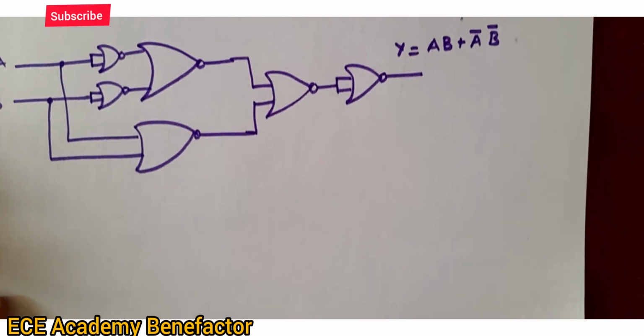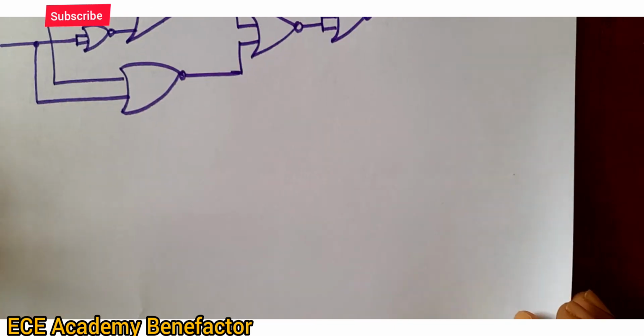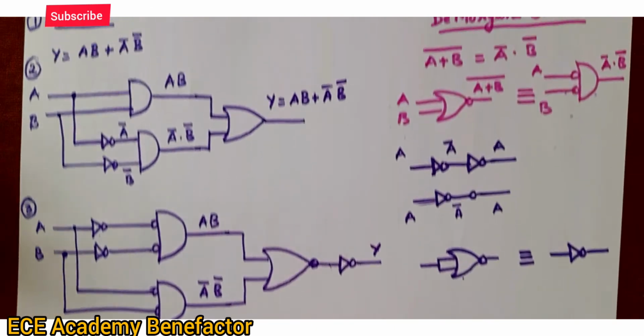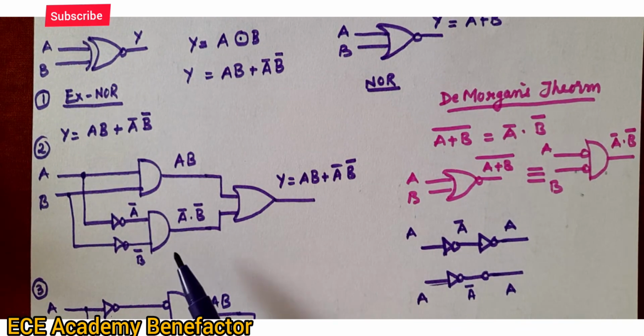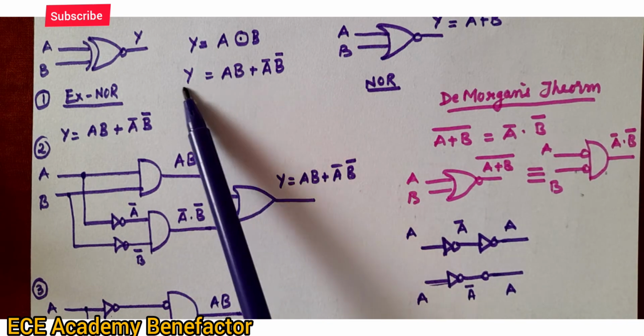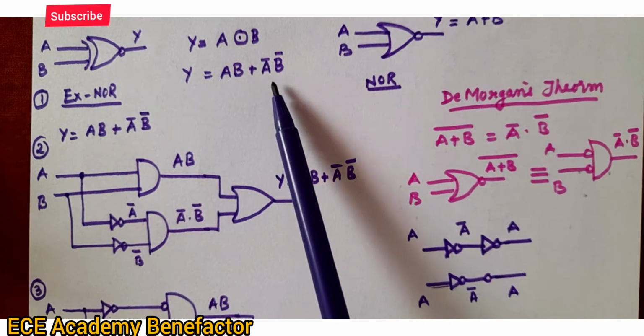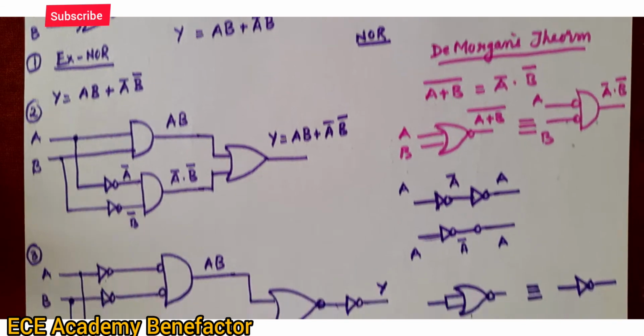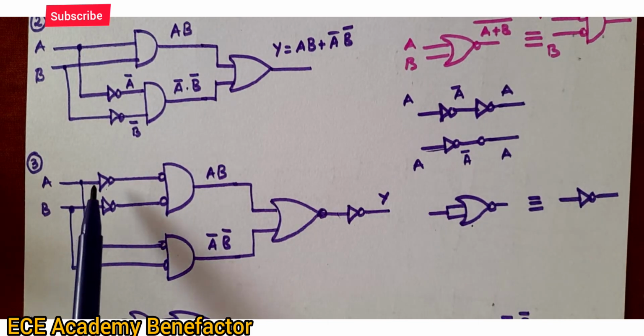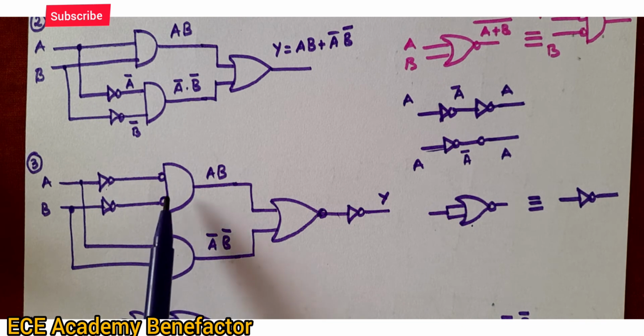So let us quickly summarize the result. This is the XNOR symbol, and then we have drawn a circuit using this expression, and then we have used NOT gate and bubble, and replaced the bubbled AND gate by a NOR gate.